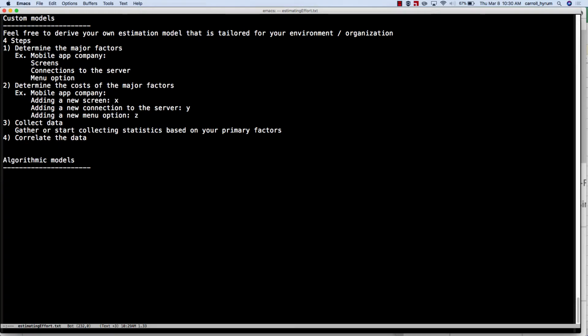Okay. All right, let's talk about algorithmic models. As you've probably guessed, these typically use size, and when you think of size, you think lines of code or function point count, and then process characteristics to produce an estimate of effort, schedule, and cost.